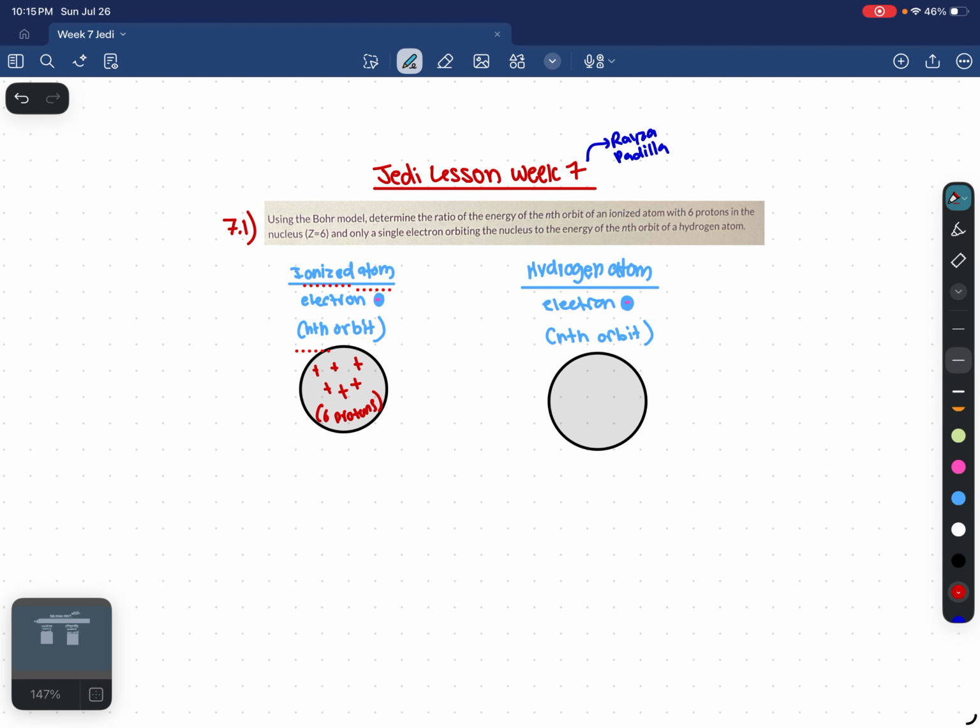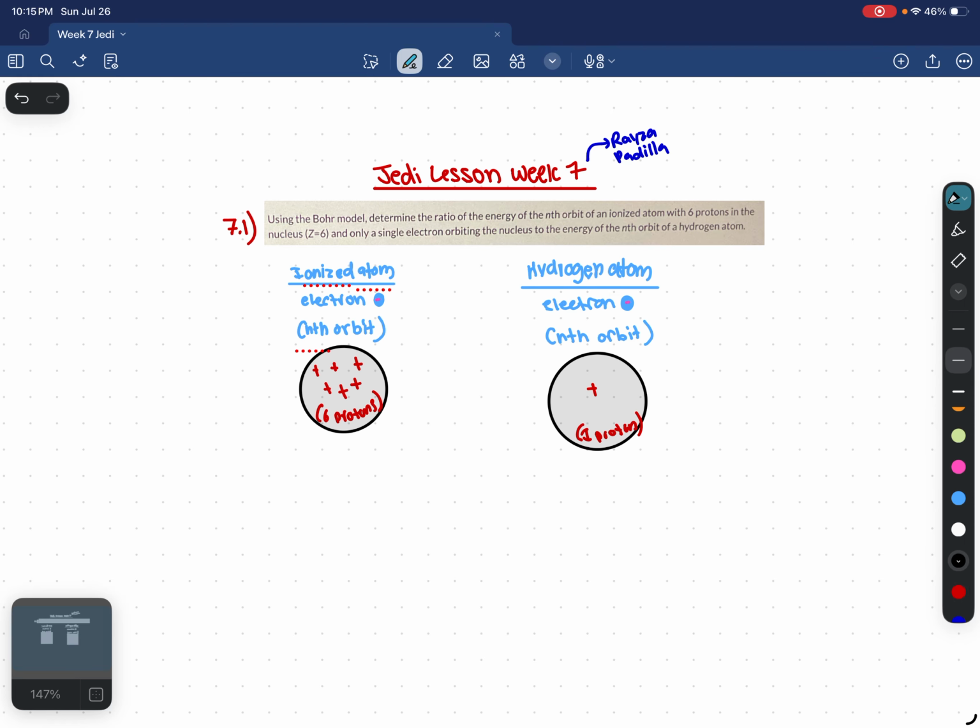And it's just going to have 1 proton. Okay, so the ionized atom has 6 protons but only 1 electron, so it is a very hydrogen-like ion. Therefore, the Bohr energy equation applies to it.